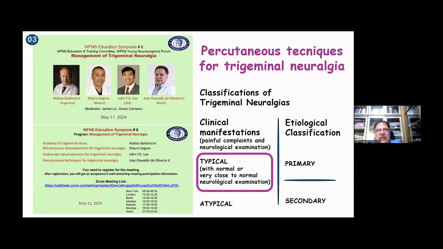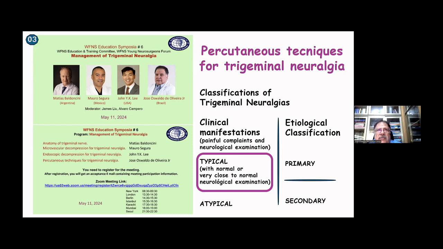I think that for the percutaneous techniques for the treatment of trigeminal neuralgia that we adopt in our practice, it is important that we define the disease that we try to mitigate with percutaneous techniques.